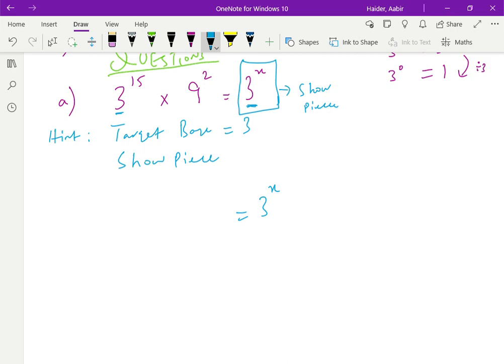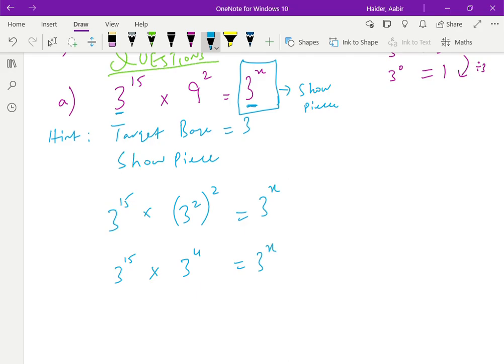keep it like that. Okay, with regards to the other one, you can simply express 9 as 3 squared, and then you will have this rule applied here of indices where you can multiply the two indices. So 2 times 2 will be 4, and now you can apply another rule of indices.